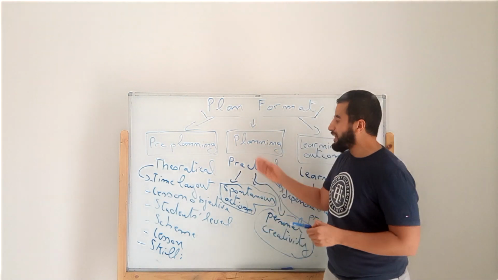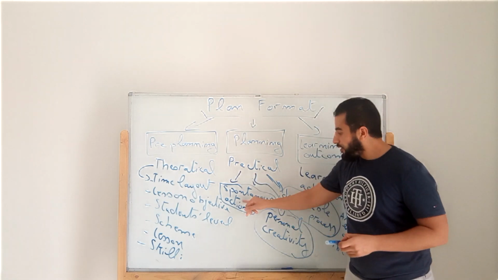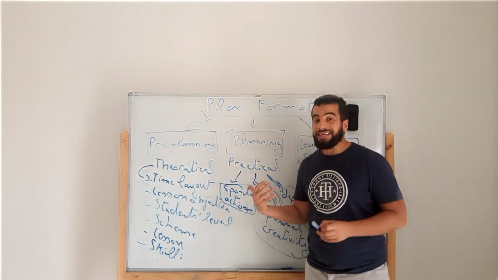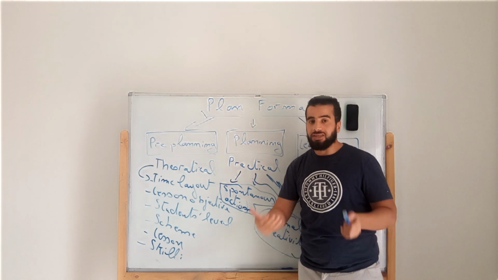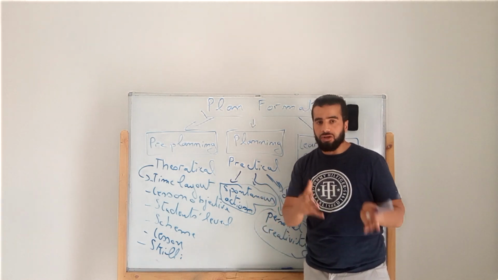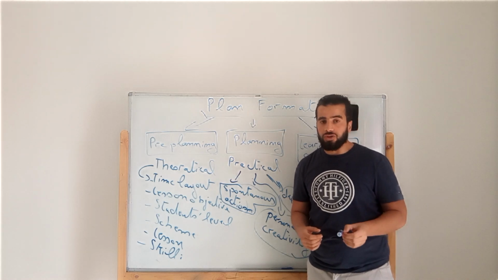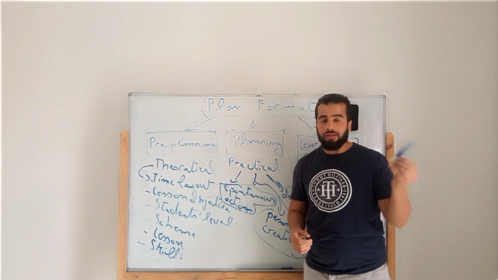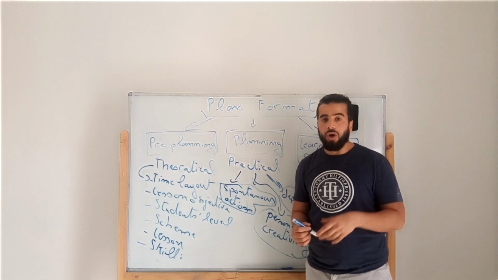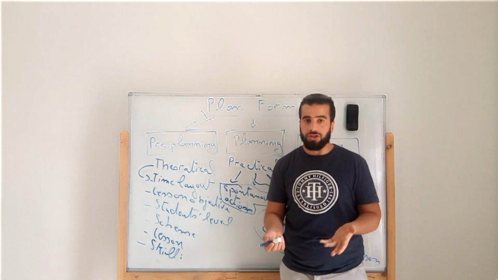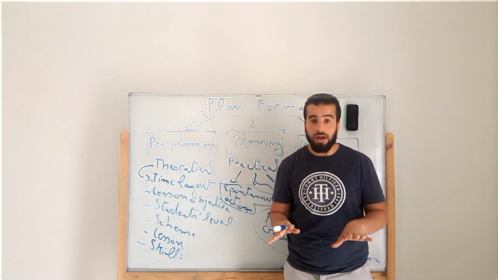This is about planning. The first one is spontaneous action, unexpected situation that you may encounter during your lesson. For example, some students did not cope with the lesson. They did not understand the instruction. So you need to simplify for them.